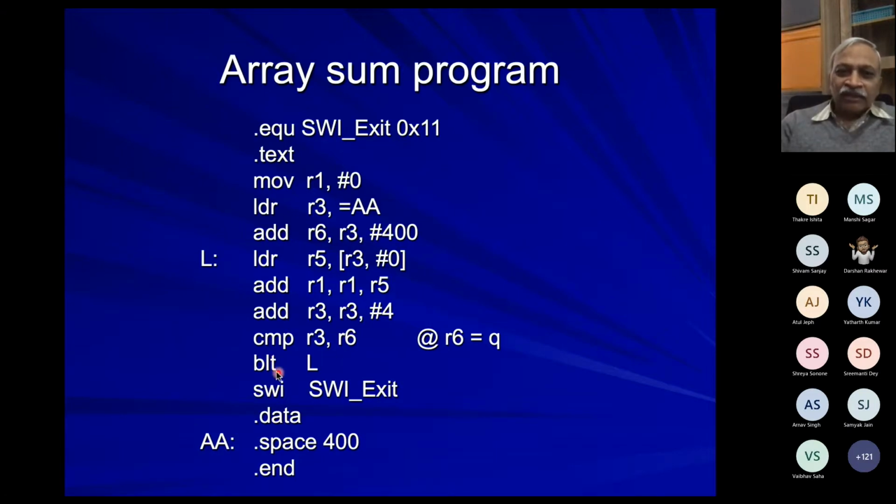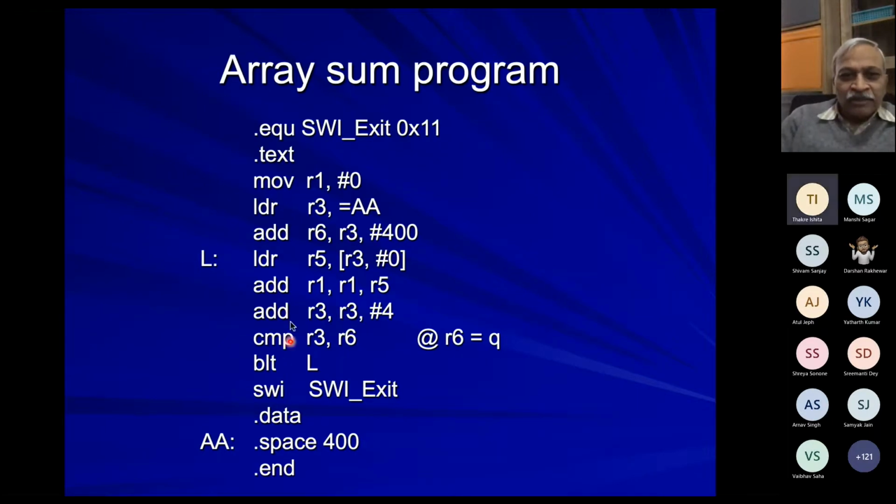So as long as it is less than, we keep doing it. As long as the address is less than R6, we compare R3 with R6 and loop back if R3 is less than R6.